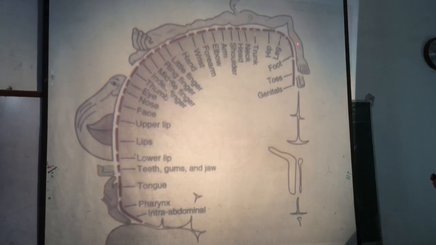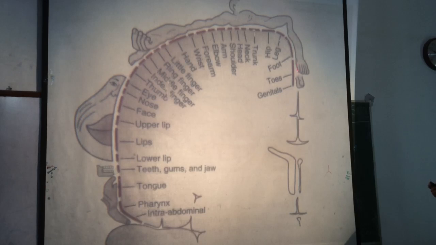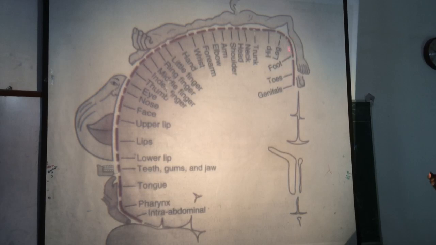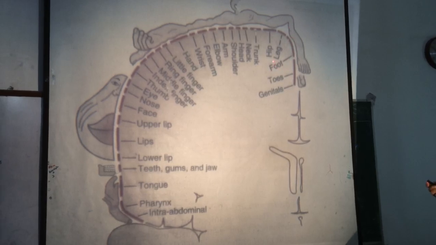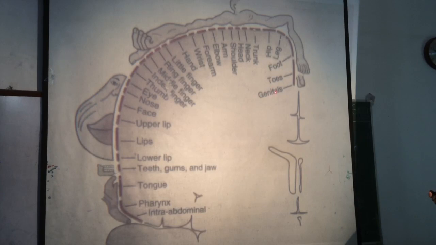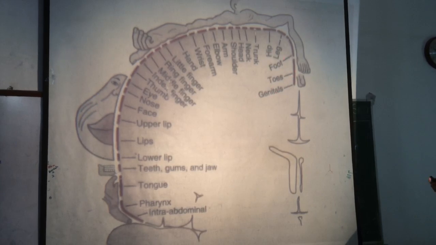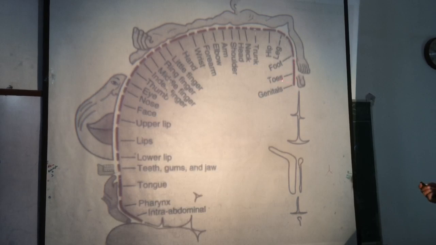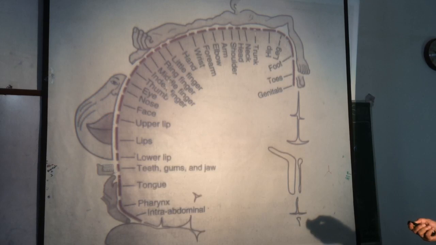You can see that the foot and genital organs are on the medial surface of the cerebral hemisphere. This is the motor homunculus, which is the mirror image of the sensory homunculus.